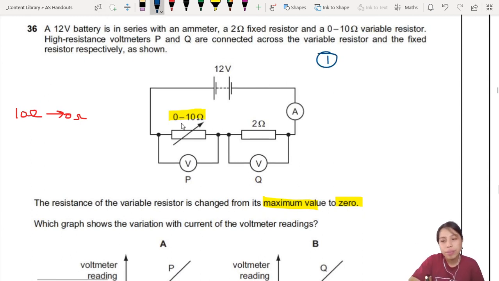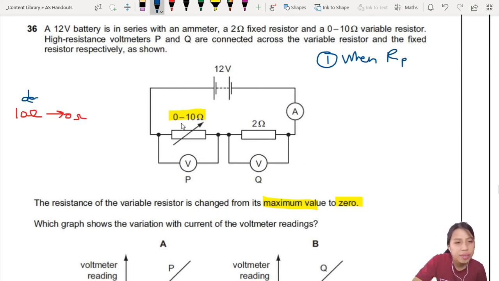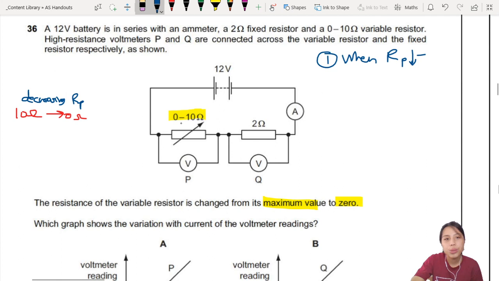So firstly, when the resistance of P, is it increasing or decreasing? Decreasing. So when the resistance of P decreases, then your total circuit resistance is decreasing.